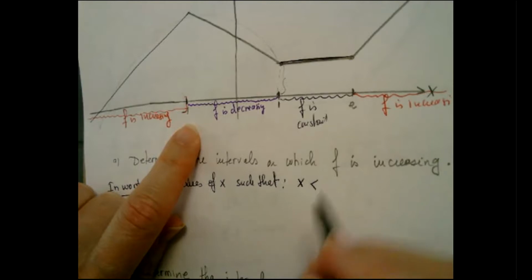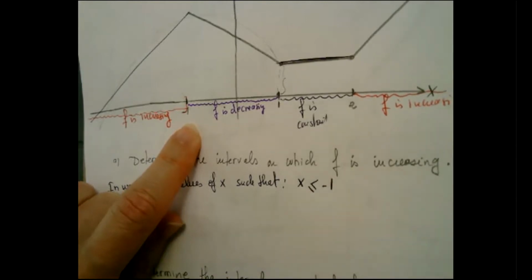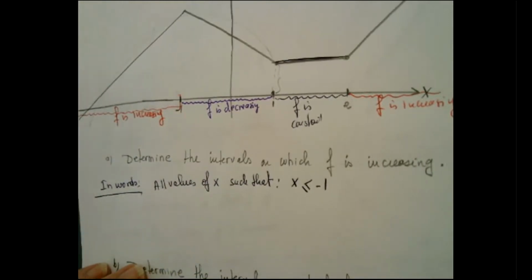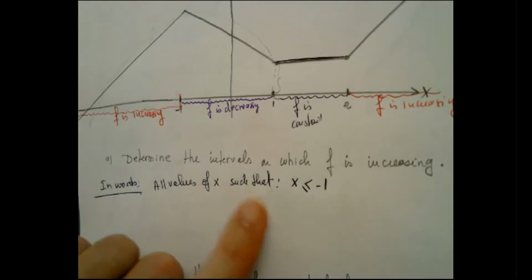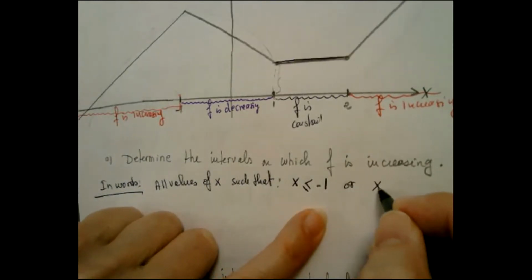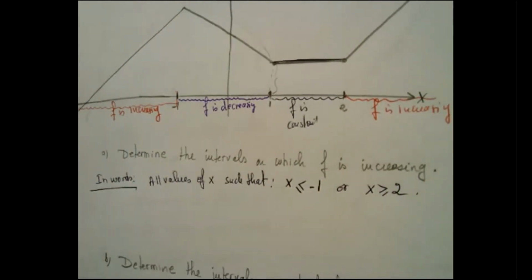In this case it doesn't matter very much, so I will accept either less or equal or strictly less. Both are okay. But not only that: for all values such that x is less than or equal to -1, or x is bigger than or equal to 2.